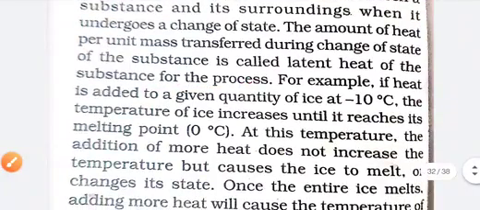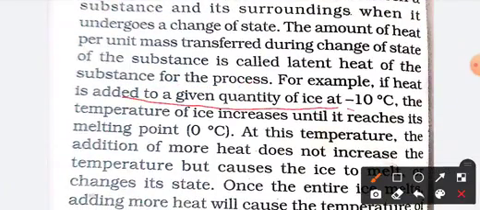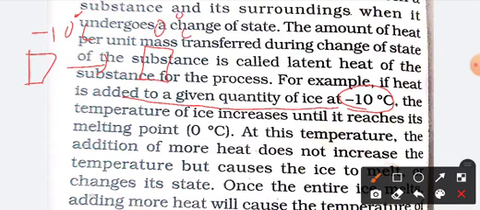For example, if heat is added to a given quantity of ice at minus 10 degrees Celsius, the temperature of ice increases till it reaches the melting point, 0 degrees Celsius, and it is still in the ice form. Then at this temperature, the addition of more heat does not increase the temperature, but its phase changes and it is converted into water, while the temperature remains 0 degrees Celsius.